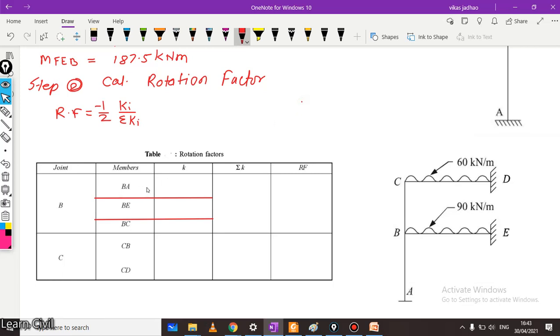So stiffness for BA will be 4 EI by L. I will directly write down 4 EI stiffness.